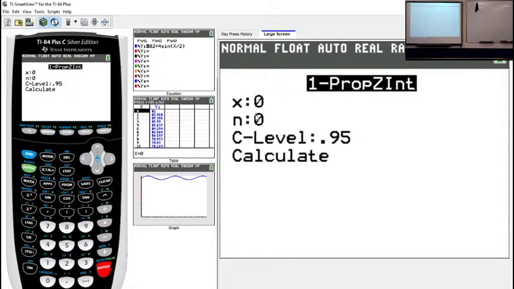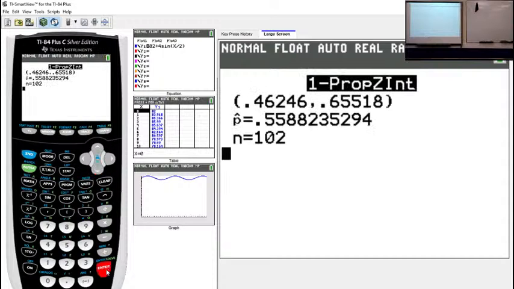It's going to ask x and n. X is our number of successes, so we do not put in our proportion at any point here. We put in how many successes we had, which was 57, out of our n, 102. We want a 95% confidence interval.